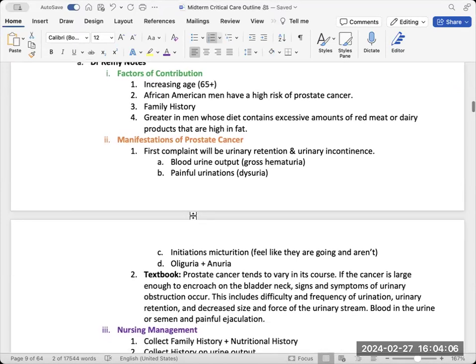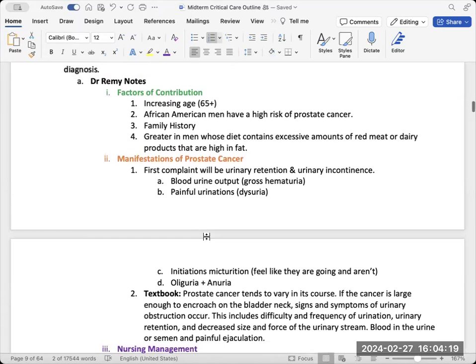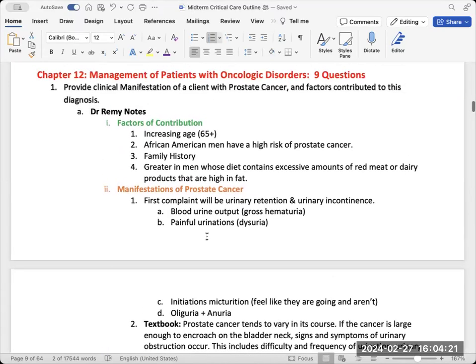The textbook also said that if the cancer is large enough, it can affect the bladder neck, and that's why we have signs of potential urinary obstruction. It could also lead to painful ejaculation. So if we're talking about males and something blocking the bladder, we know a factor that contributes is male gender.